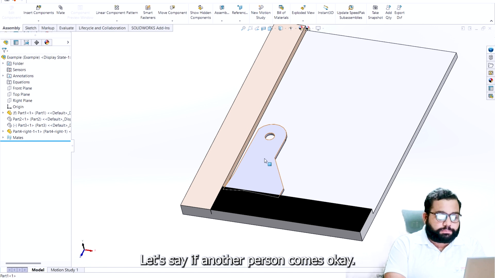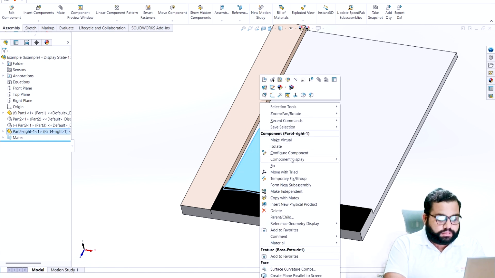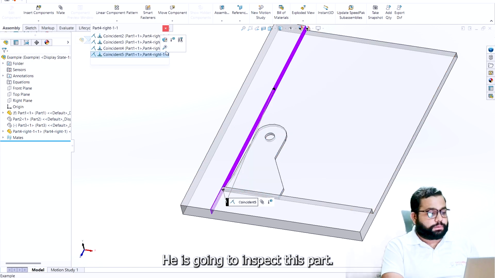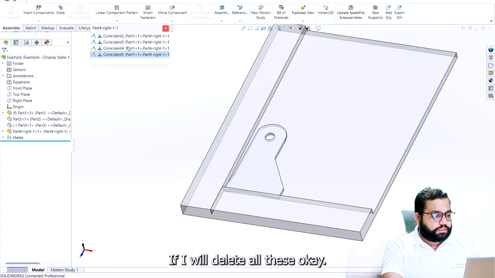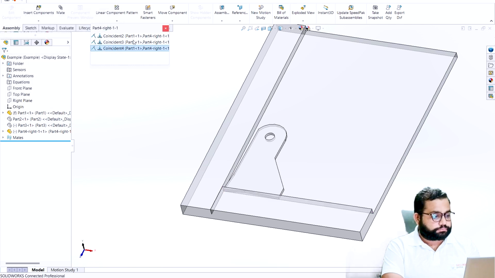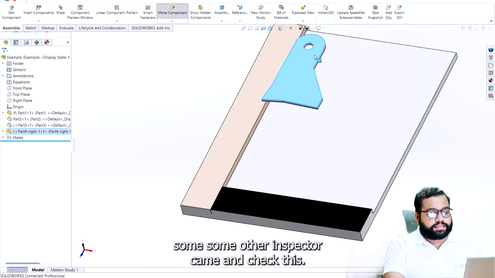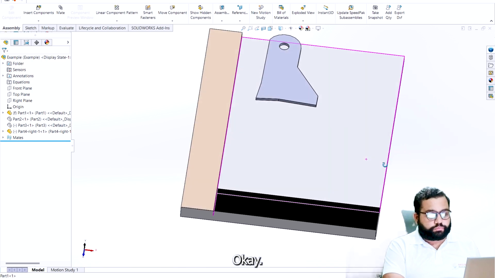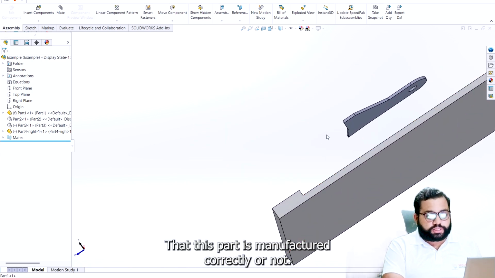Let's say another person comes and is also going to inspect this part. If I delete all these, just to show you, let's say some other inspector came and checked whether this part is manufactured correctly or not.